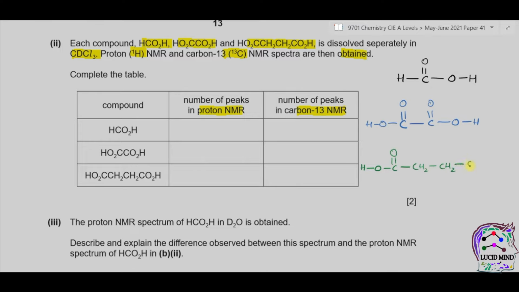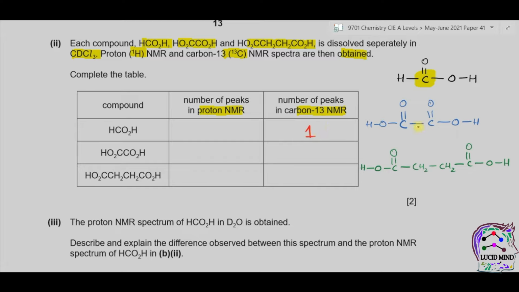In the third one we have butanedioic acid. Let's first find out carbon-13 NMR peaks. In HC double bond OH we can see that we only have one carbon present, so there will be just a single peak in carbon-13 NMR of this compound.